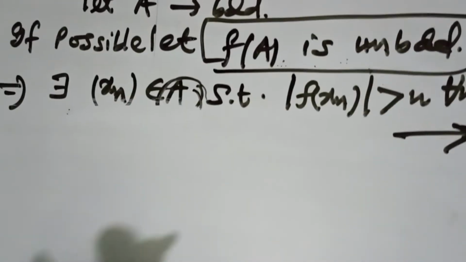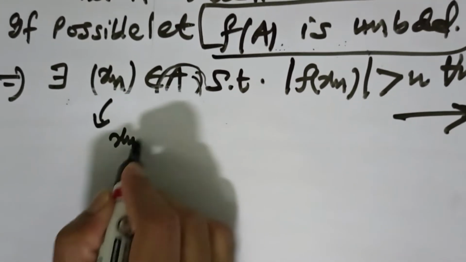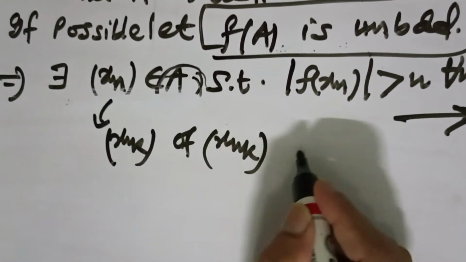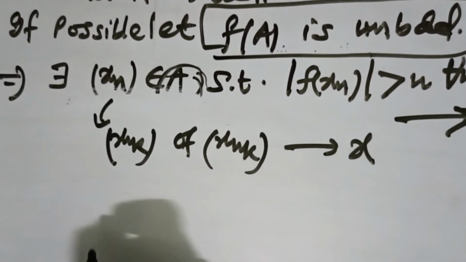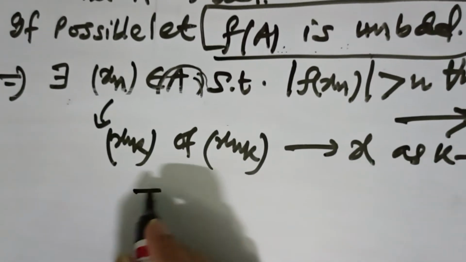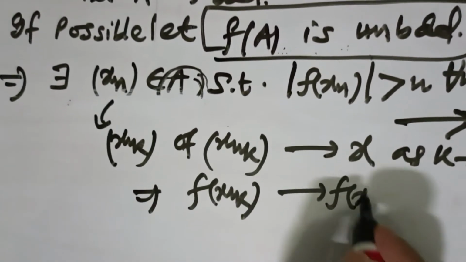So far, what I have done is this: we get a subsequence xnk of xn, and this subsequence converges to x. Since f is continuous, f of xnk will converge to f of x.